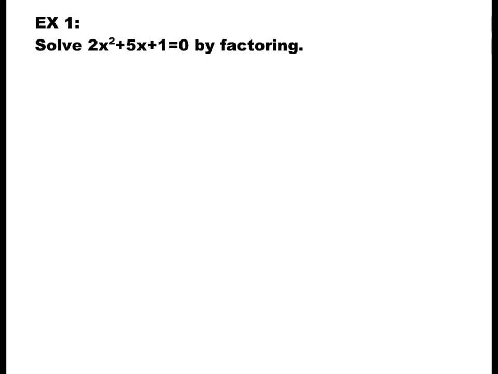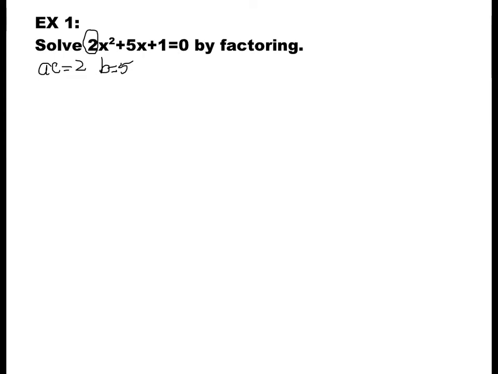The first example is to solve 2x squared plus 5x plus 1 equal to 0 by factoring. Since the leading coefficient is 2, we know that we can't use sum and product. So we are going to use the AC, which is the product of A and C, which is going to be 2, and B, which is going to be 5.